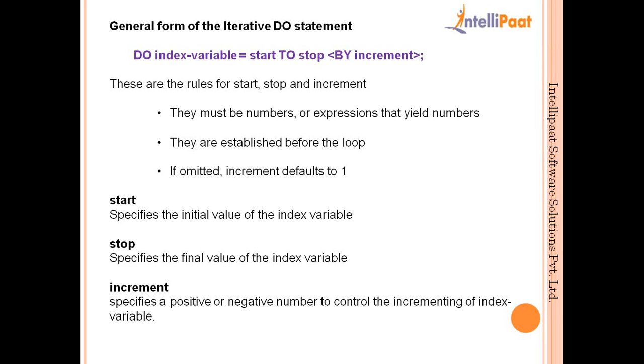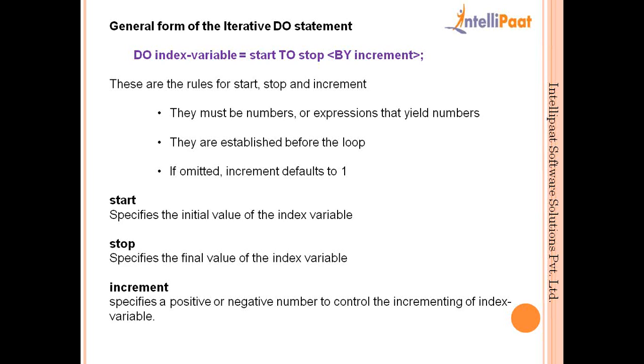The syntax is simple: do, then index variable, and then start to stop, the lower bound to the upper bound, and by increment. These are the rules for start, stop and increment: they must be numbers or expressions that yield numbers. They are established before the loop, and if omitted, increment defaults to 1.